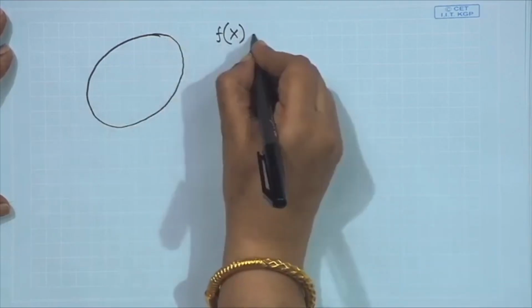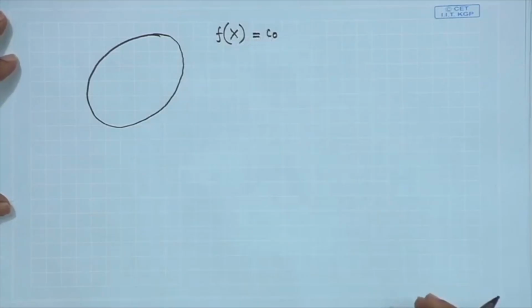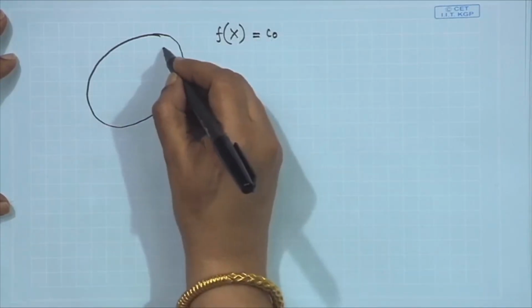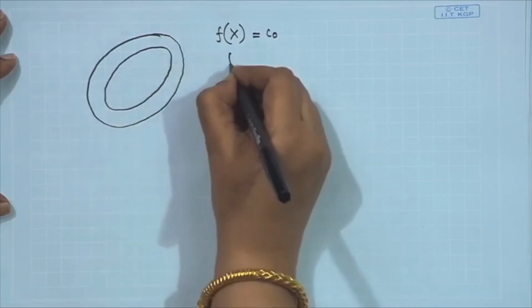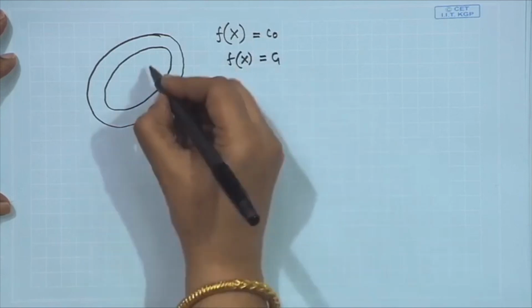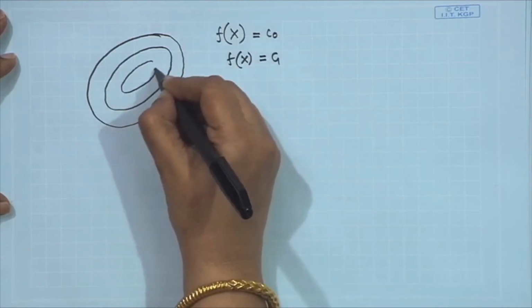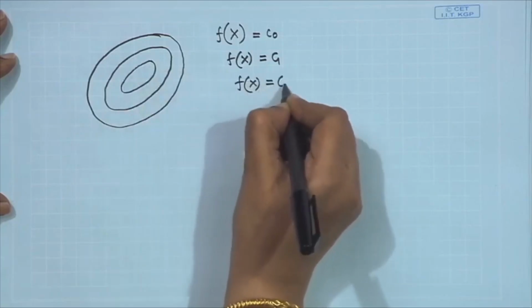That means f(x) will have a certain value at this position. Now, we can have another level set like this, where the functional value would be different, say C1. There can be another level set like this, where the functional value would be C2.